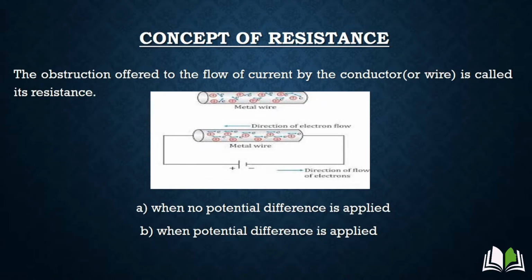After the collision, they again accelerate due to the potential difference across the two ends of the metallic wire. The collisions also increase and the speed decreases. So this causes the resistance in the metallic wire.